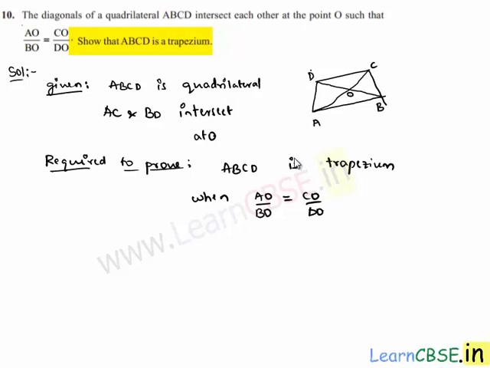A quadrilateral is said to be a trapezium when two of its sides are parallel to each other. So here we are required to prove that AB is parallel to CD or DC.